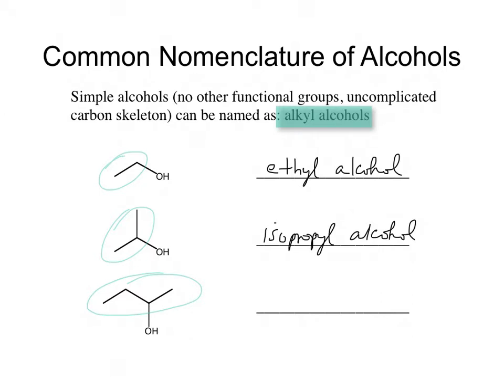And so, as you would expect, no surprises here, sec-butyl alcohol. All right, pretty straightforward, and you can also pretty much guarantee you won't be seeing these on the test.